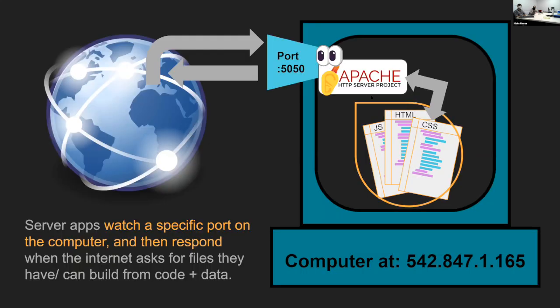So in general, basically a server app, like Apache here, is going to listen to a port on a computer, and when it gets a message from the internet, it says, cool, I've got files for you, and it sends them out. That's what that program does. It's just constantly listening to the internet and ready to spit out information from the server computer at whatever strange IP address it is.